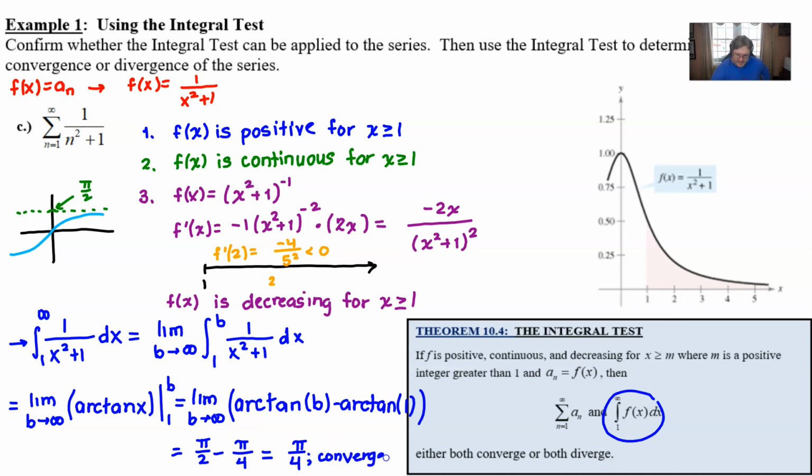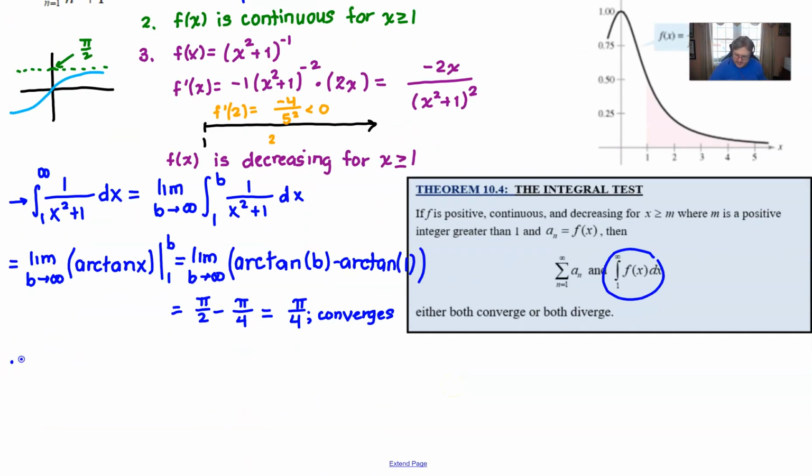So if the proper integral converges, therefore we can conclude that our series, summation as n goes from 1 to infinity of 1 over n squared plus 1, converges as well.